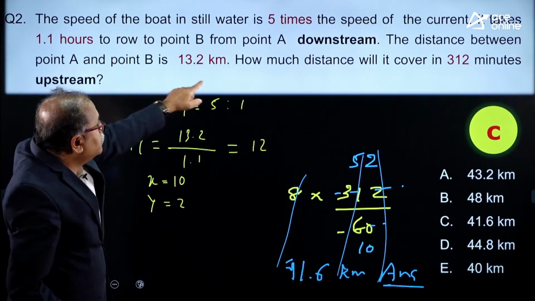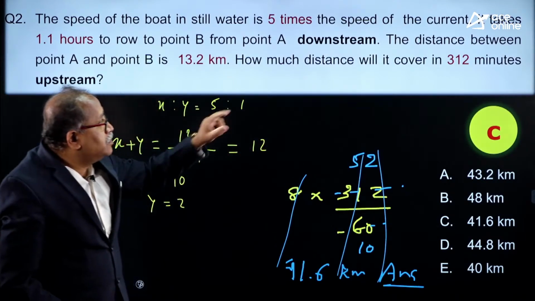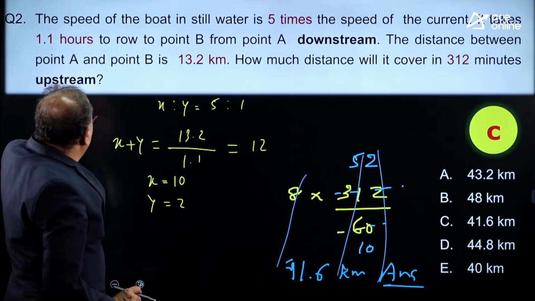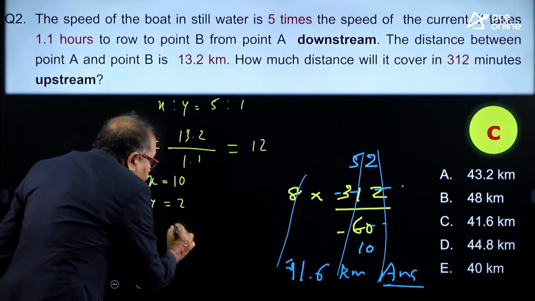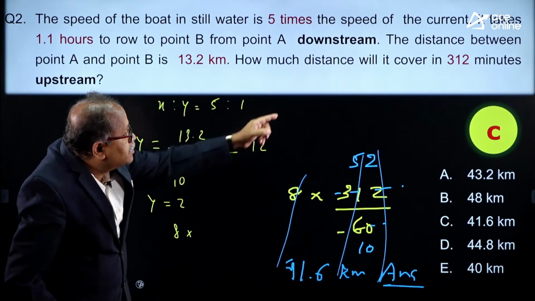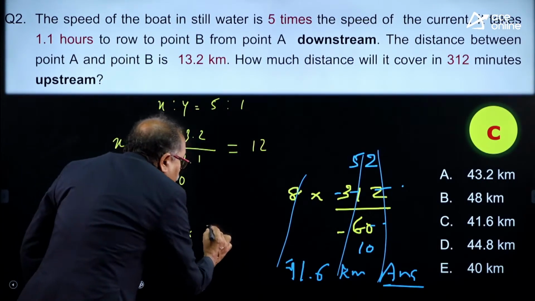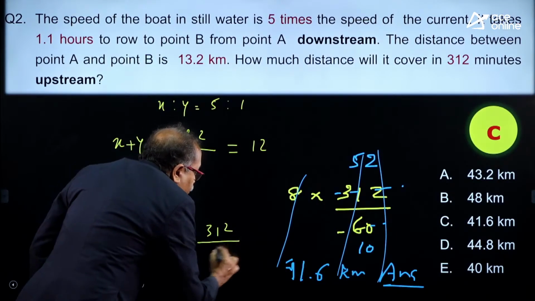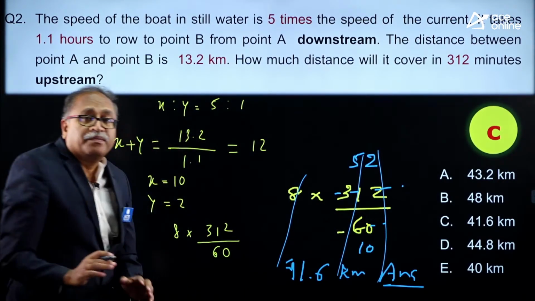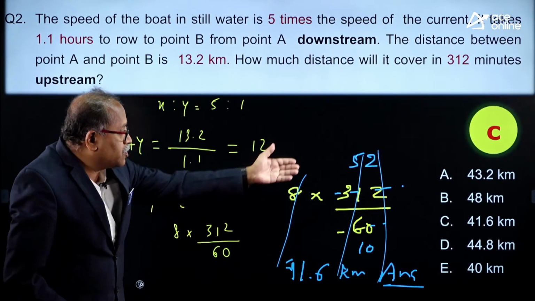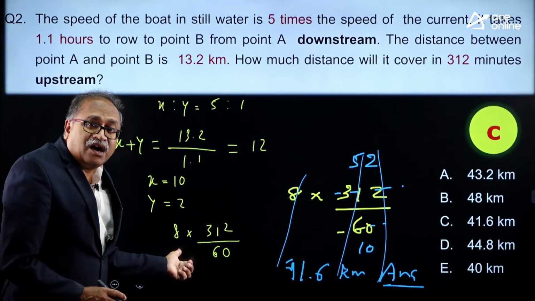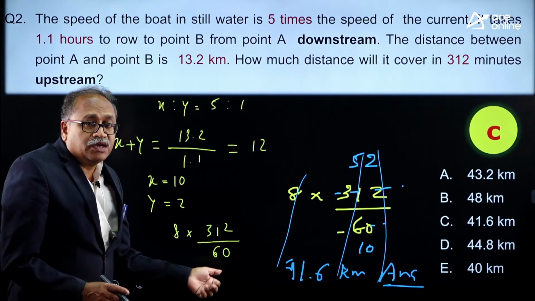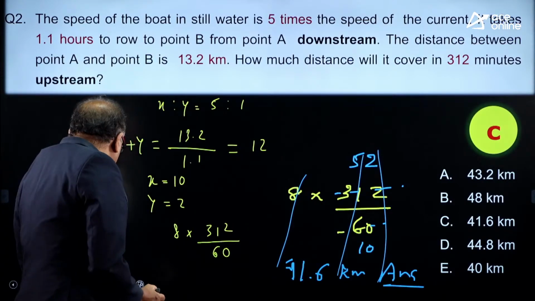Now, how much distance will he cover in that much time, and that too upstream. Upstream speed is 10 minus 2, that is 8, and what is the time? Time is 312 minutes. So, I have to convert that into hours by dividing by 60, because all are in kilometer per hour. So, this minute has to be converted into hour, that is over.